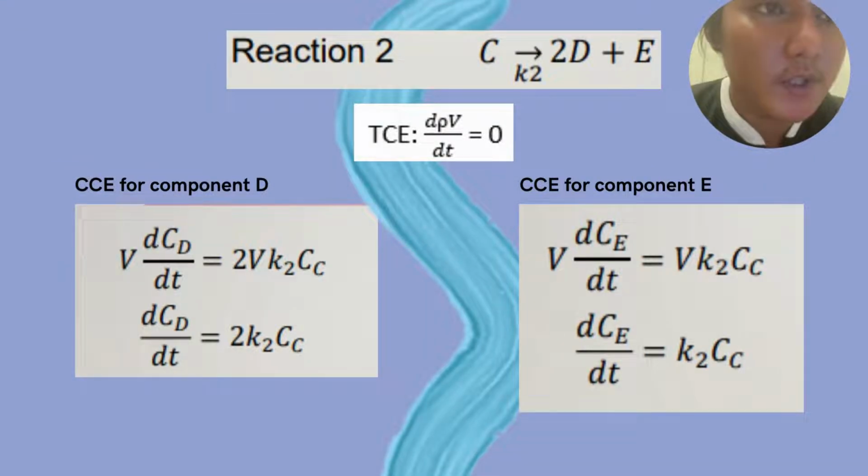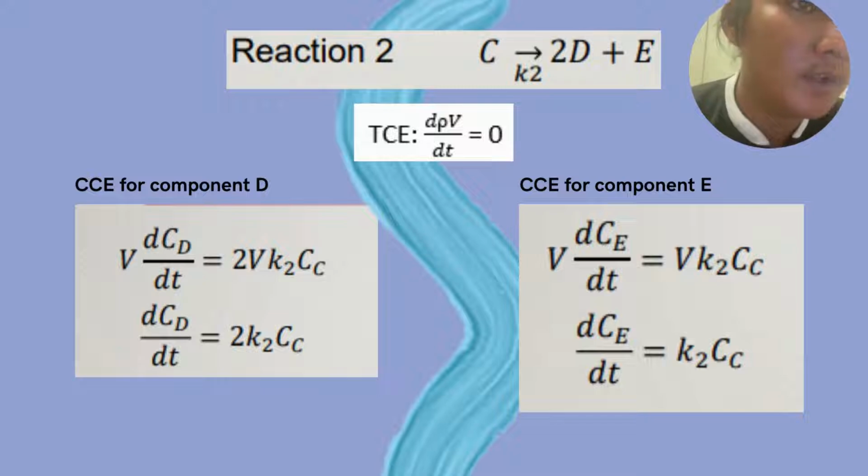Okay, so for reaction 2, from C we will get 2D plus E with the reaction rate of K2. So as usual, the TCE will be 0, and we need to find the CCE for each component.